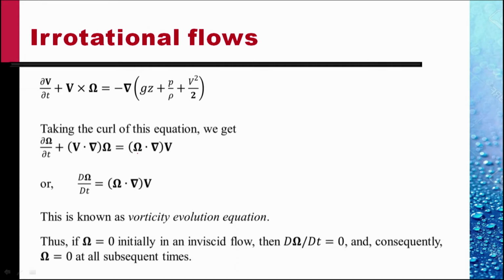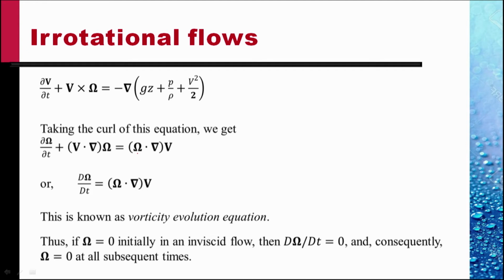If omega is 0 initially in an inviscid flow, then d omega by dt is equal to 0. d omega by dt is equal to 0 means that the substantive derivative of omega is 0. And since omega was 0 to begin with, the value of omega is 0 at all subsequent times.